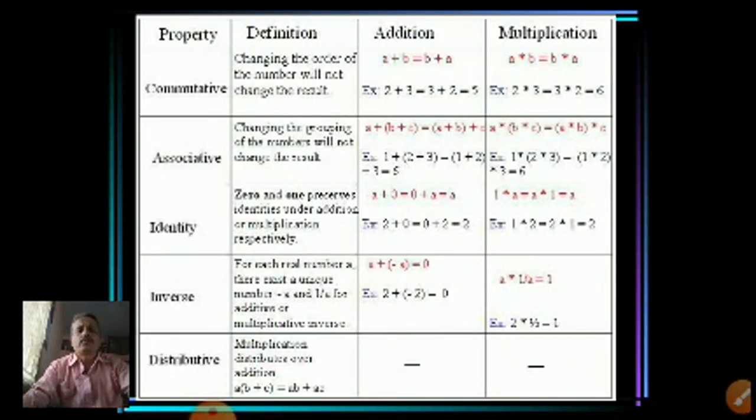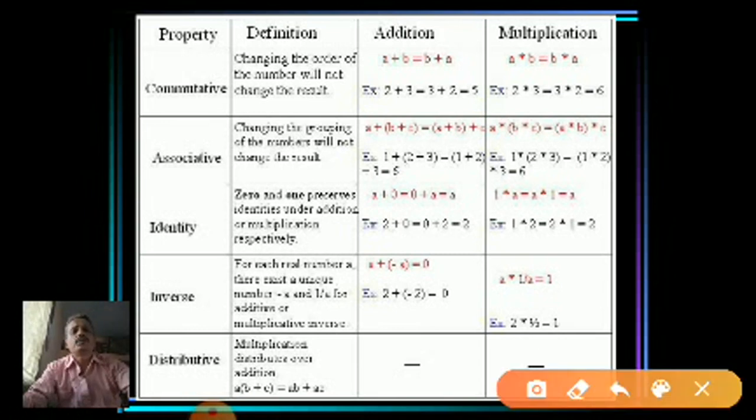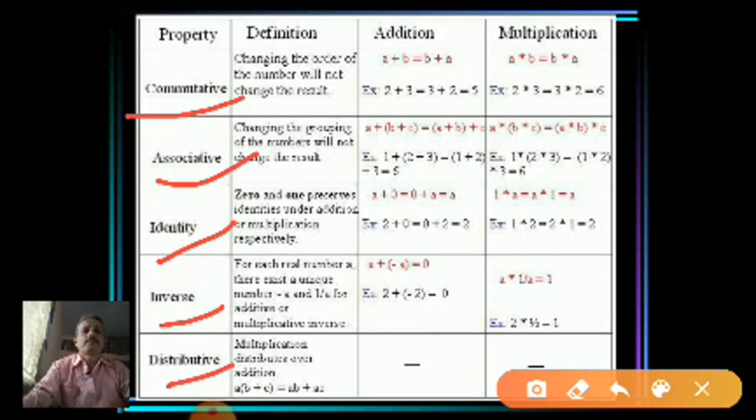See, in your textbook, all the properties are given regarding rational numbers, whole numbers and integers, which is very useful to get the answers very easily. Suppose here the commutative property under the rational numbers, with examples also written, then the associative property, identities, inverse property and distributive property.